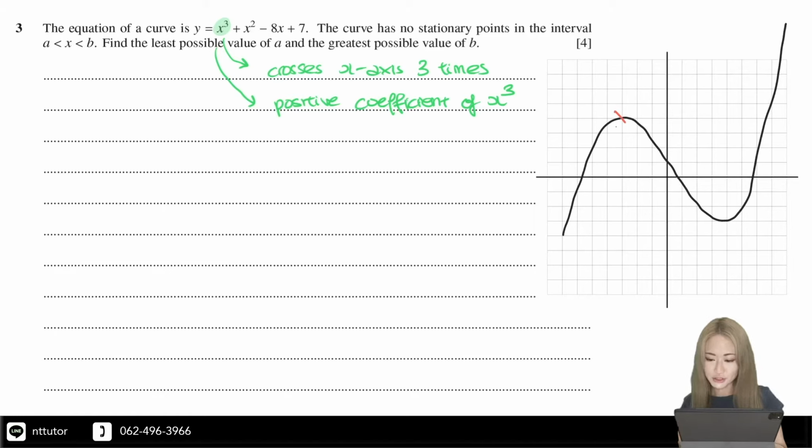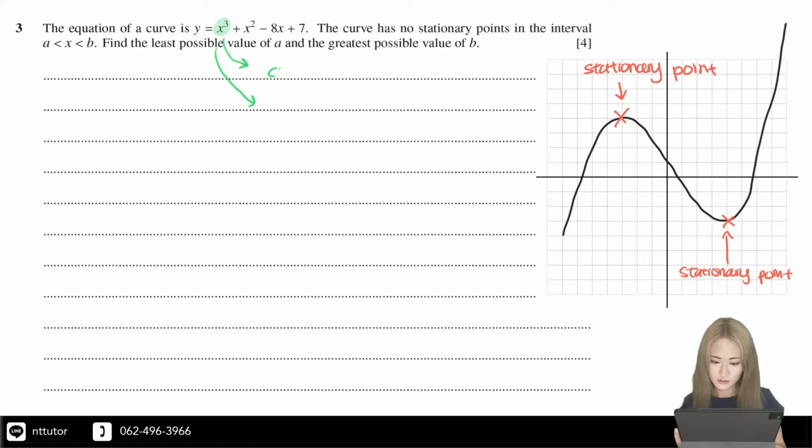where there should be 2 stationary points on the polynomial. And the interval where the curve has no stationary points between a and b should be the interval between these 2 stationary points.